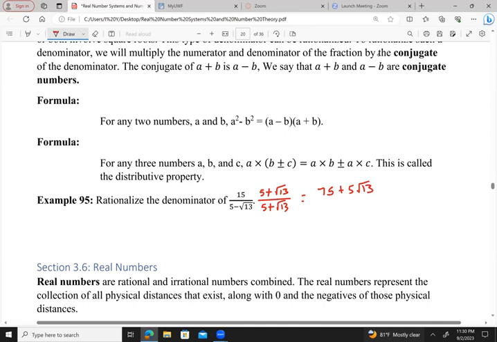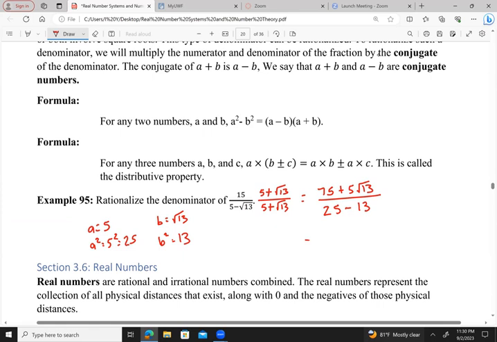Now using this, a squared, well in this case, a equals 5. So a squared is 5 squared, which is 25, and then we have minus b squared, where b is the square root of 13, so b squared is 13, so minus 13.